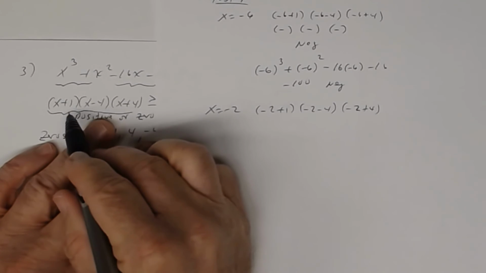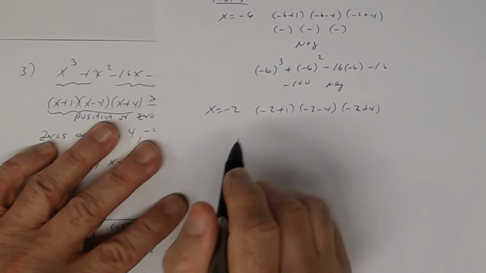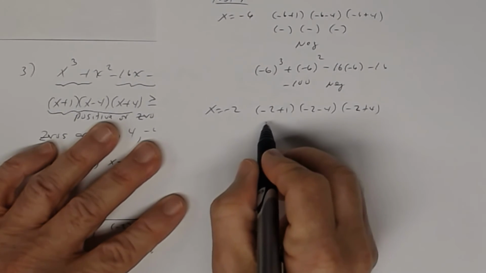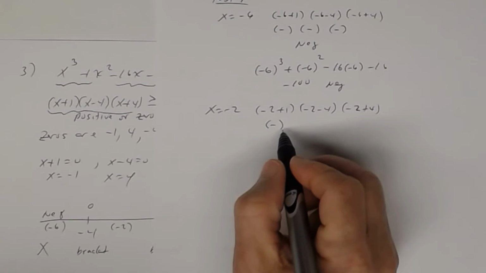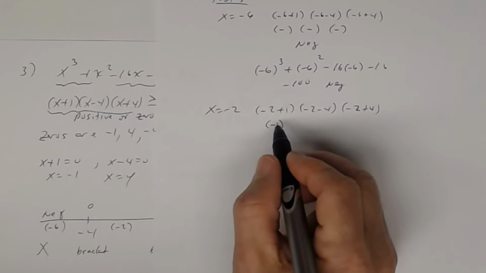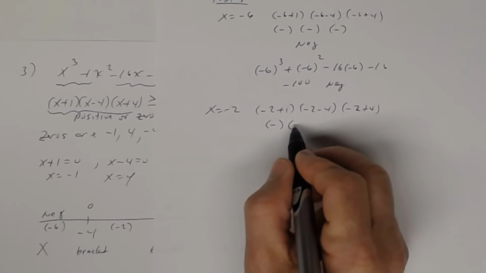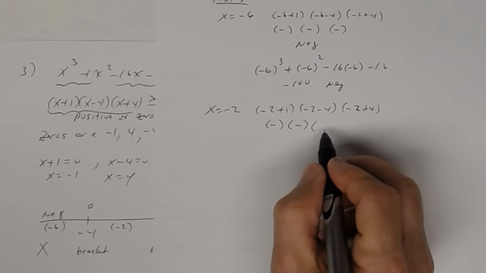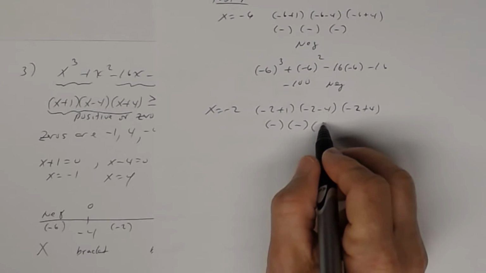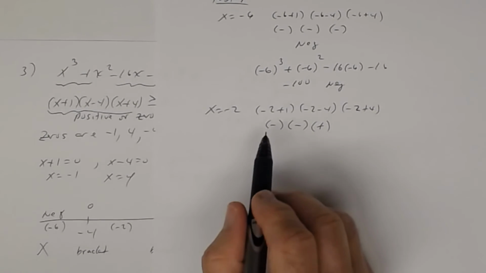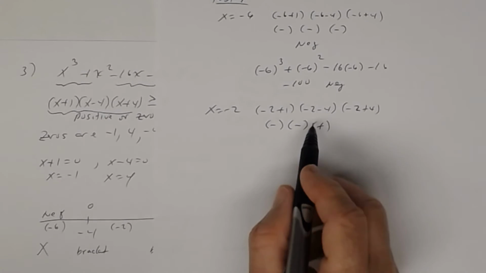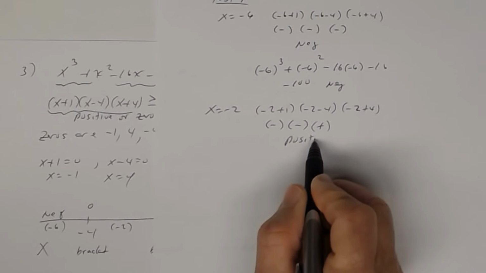Wherever I saw the variable x, I substituted -2. Well, -2 plus 1 is a negative number. It doesn't matter that it's -1; I just need to know the sign. -2 and -4 is a negative number, that's -6. -2 plus 4 is a positive number, it's actually +2. A negative times a negative times a positive is a positive.